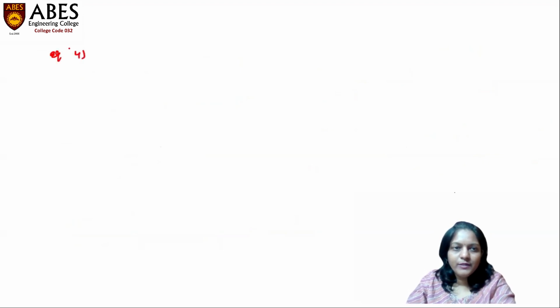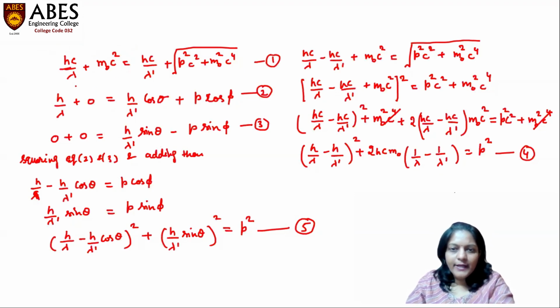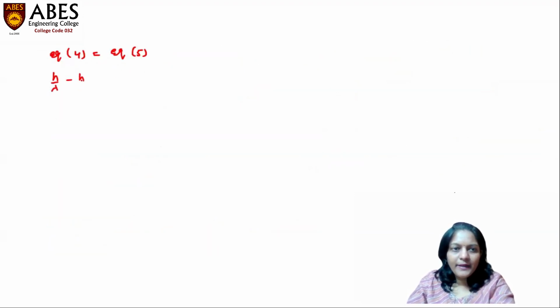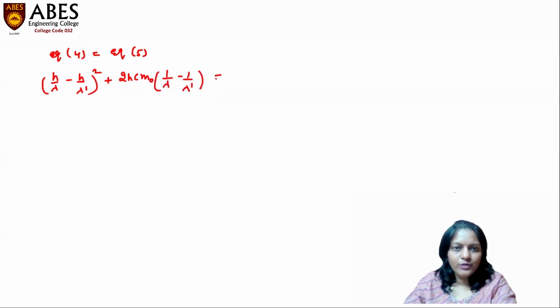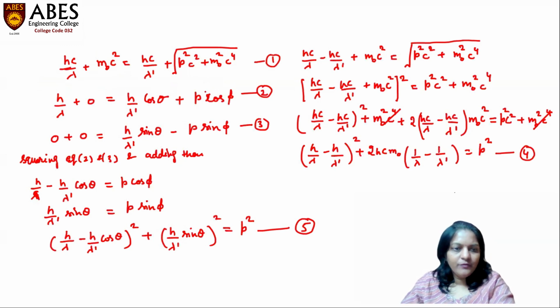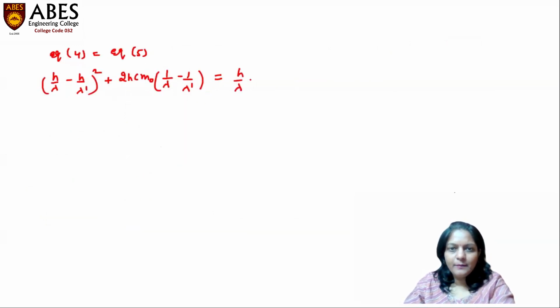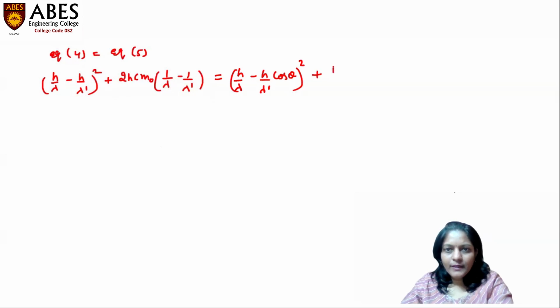This is equation number 4: (h/λ − h/λ')² + 2hc m₀ (1/λ − 1/λ'), equal to equation number 5: [(h/λ − h/λ') cos θ]² + [(h/λ') sin θ]².